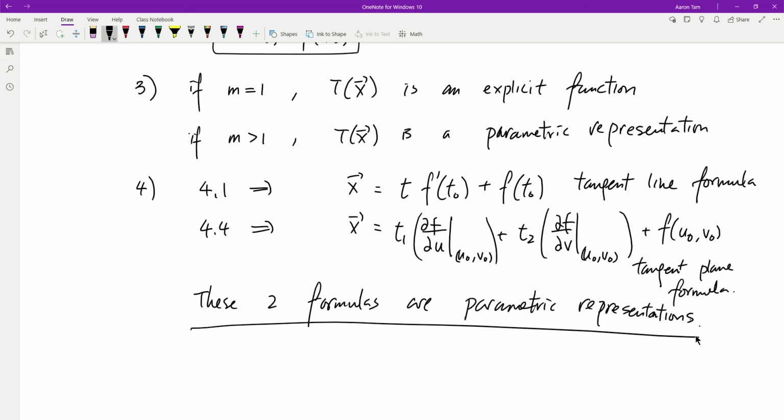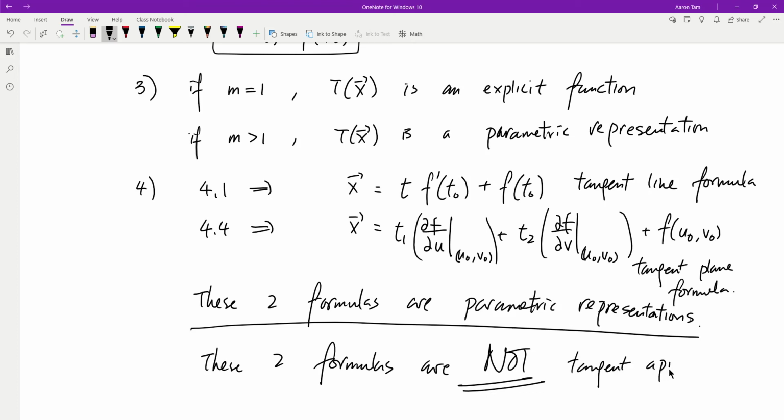The problem here is that these two things do represent tangent line and tangent plane, but they do not represent tangent approximation. These two formulas are not tangent approximation. Now you might be asking, wait, why not?